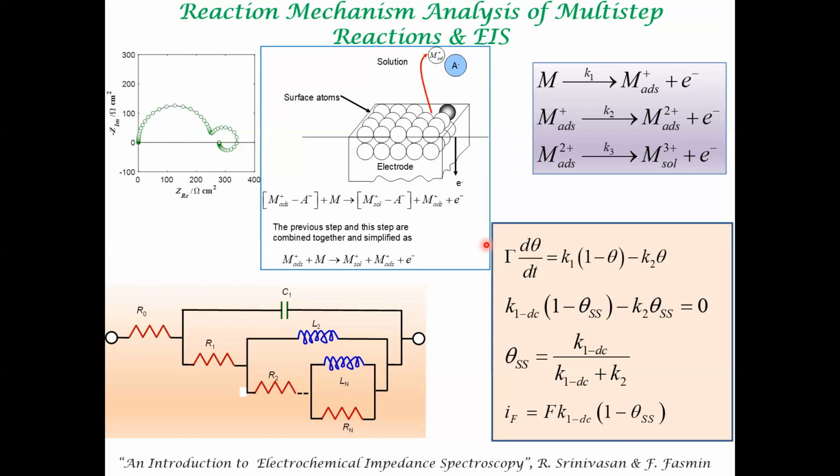So this is an approach that is really worth exploring, especially since there's an extremely good book by Ramanathan and Dr. Fatima. If you're interested in this reaction mechanism analysis, please take a look at this and the NPTEL lectures of Ramanathan.